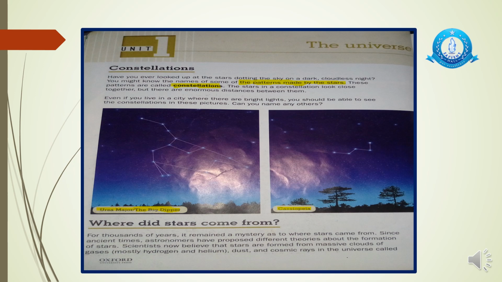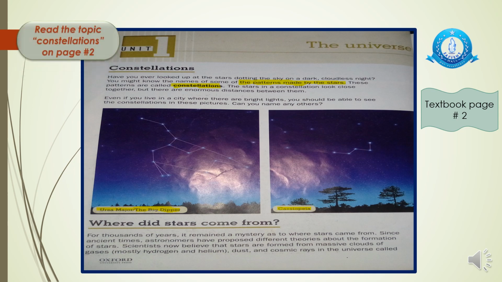Then you have written the definition of the universe and the definition of the star. Here, you are going to read the topic constellations, which is on page number 2, from here. Have you ever looked up at the stars, from here till here, and these 2 pictures of constellations?